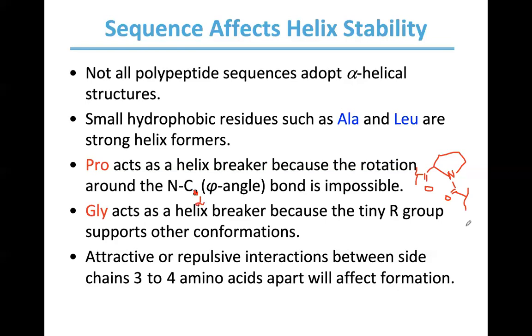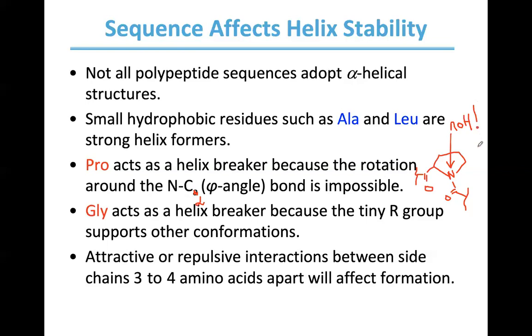What is missing here that will not allow for the hydrogen bond to form? The hydrogen on nitrogen. There is no hydrogen on nitrogen. That's right. No hydrogen.